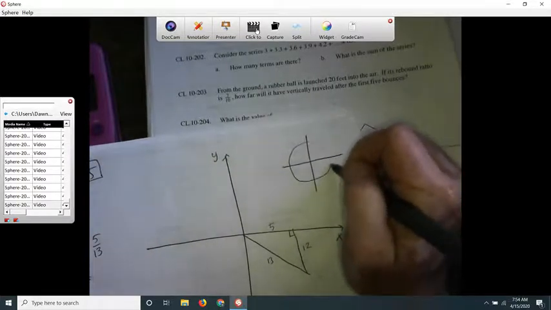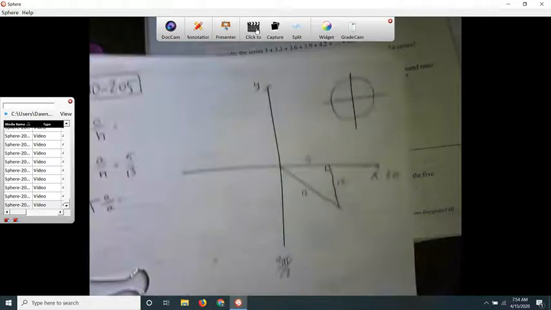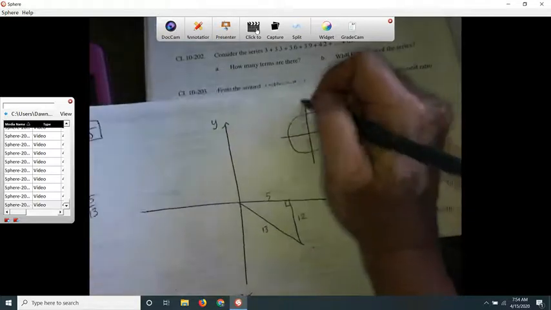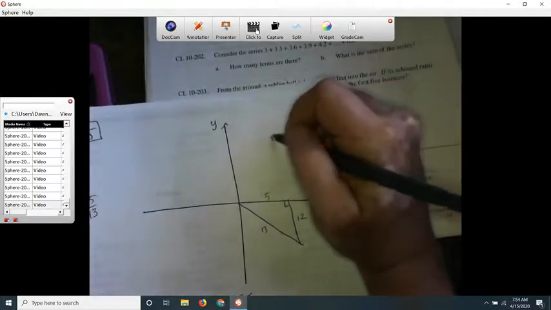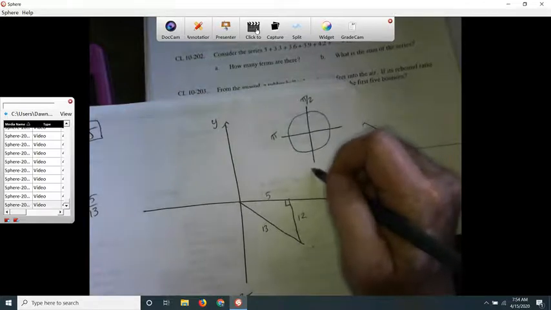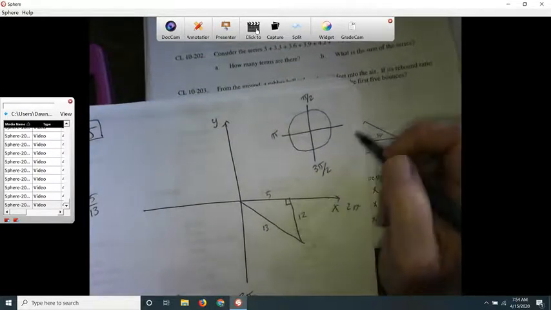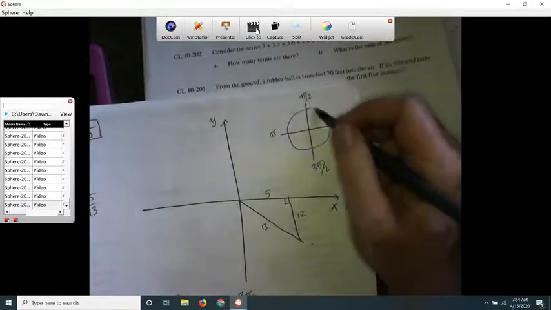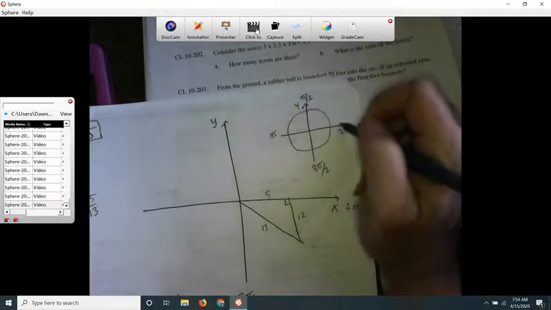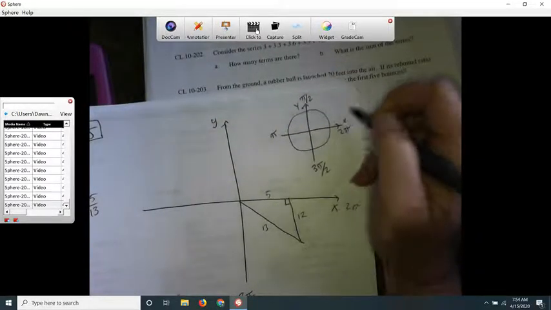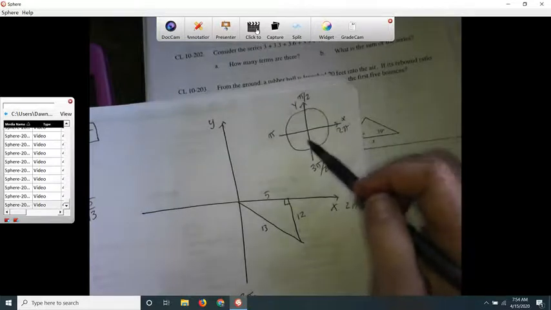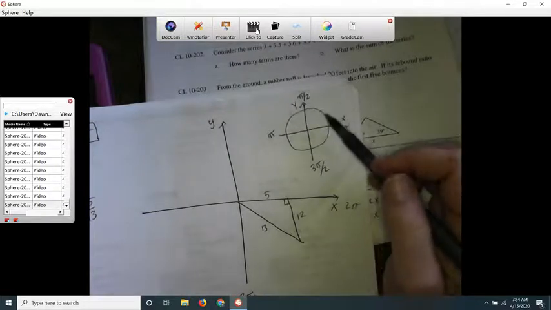So if this is pi over 2, and this is pi, and this is 3 pi over 2, and this is 2 pi. And that's the y-axis, and here's the x-axis. That's a unit circle, and I'm going to say that it has a radius of 1.